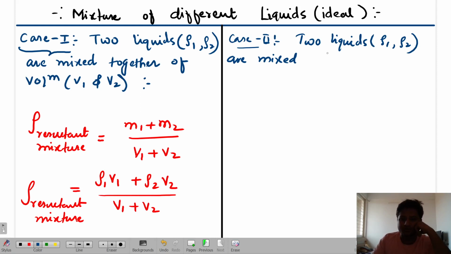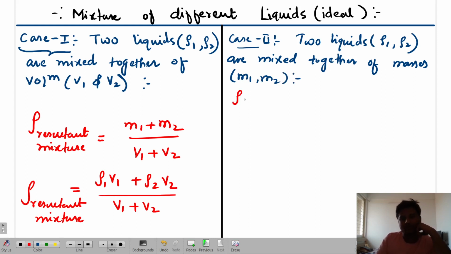Oh, okay. So two liquids, rho 1 and rho 2, are mixed together of masses m1 and m2.